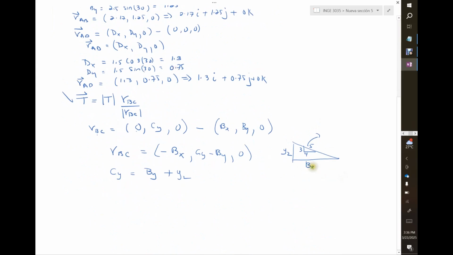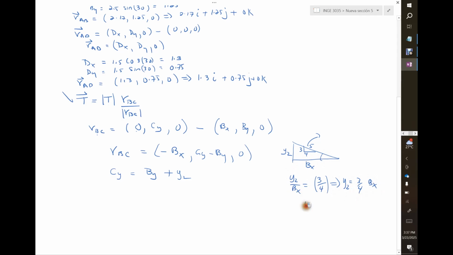Now, in this case, what we need to do is the fact that y2 over Bx has to be the same as this. So that means 3/4. That basically has to do with the tangent. You can do it by the tangent as well if you get this degree, but this is easier. So we end up saying that y2 is 3/4 times Bx.